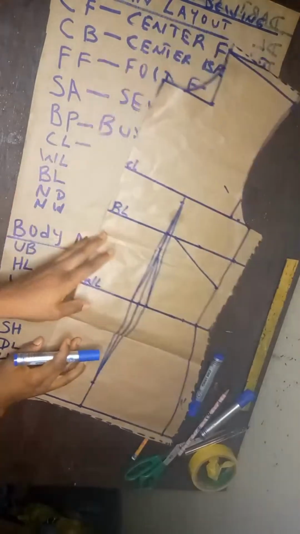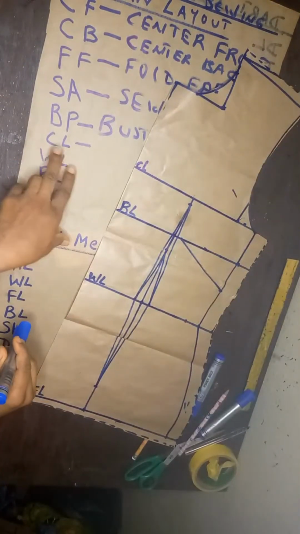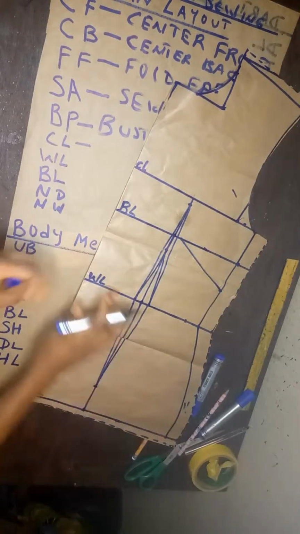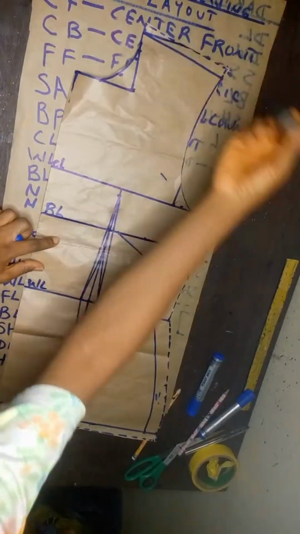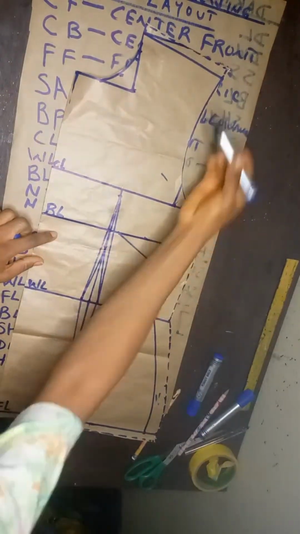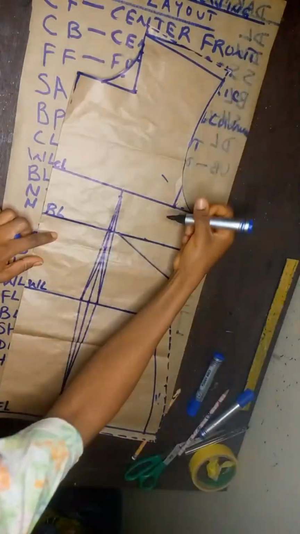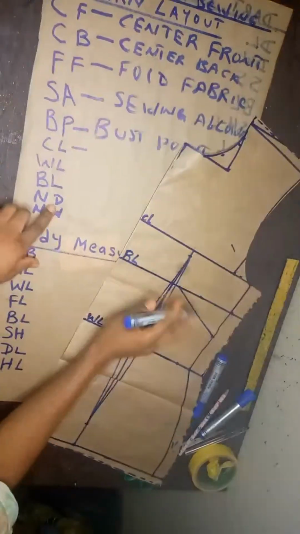So okay, like I said, this CL means the distance between the shoulder slant, or should I say the shoulder measurement, to the armhole depth. Here, the distance, that's where you get your CL. CL in pattern drafting means chest line.